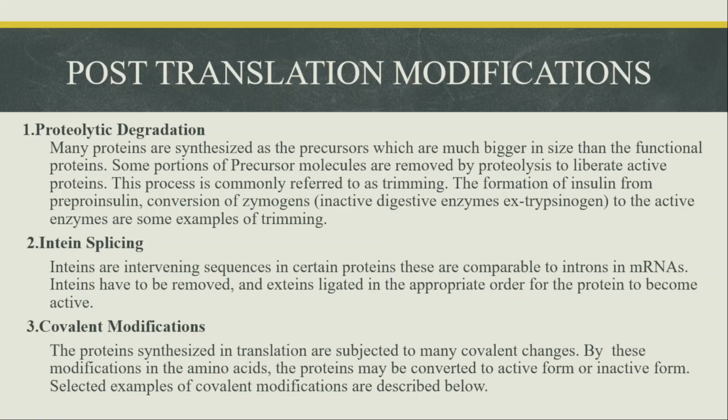Here, some portions of the precursor molecules are removed by proteolysis to liberate active proteins. This process is commonly called trimming. The best example of this process is formation of insulin from pre-proinsulin and conversion of zymogens, that is inactive digestive enzymes, for example trypsinogen, into active enzymes.